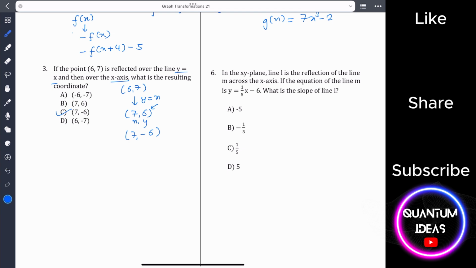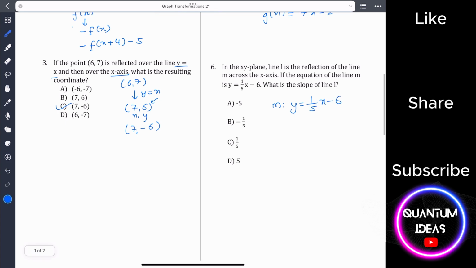This is the equation of line M, that is y equals 1 by 5 x minus 6. Basically, we have to find the equation of line L, and line L is the reflection of line M, and that reflection is about the x-axis.